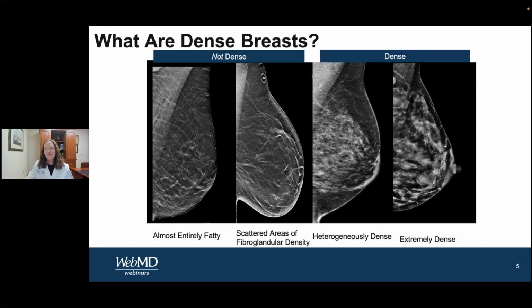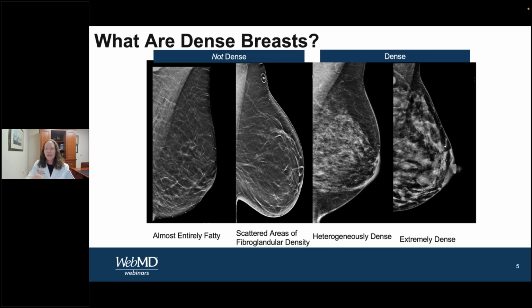So we're going to take a little bit of a deeper dive here, and I'm going to show you how breast density is actually on a spectrum ranging all the way from very, very fatty breast tissue to very, very fibroglandular dense breast tissue. But we in radiology put mammograms into one of 4 categories in our mammogram reports, ranging from the least dense to the most dense type of breast tissue.